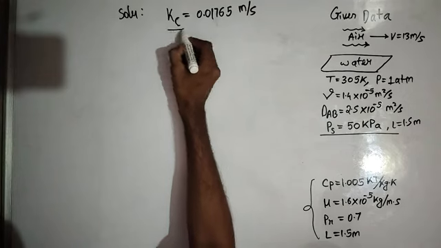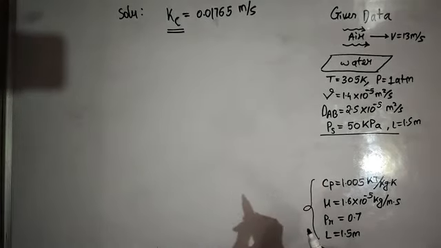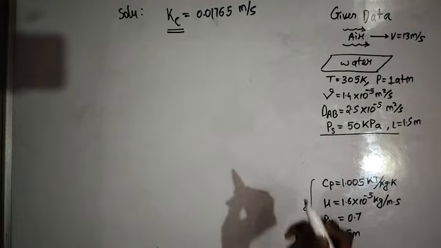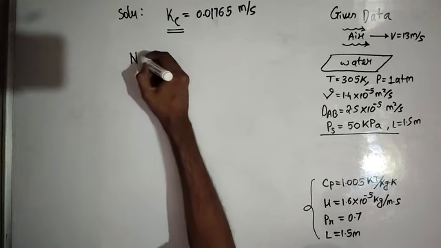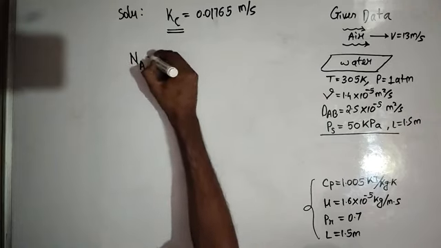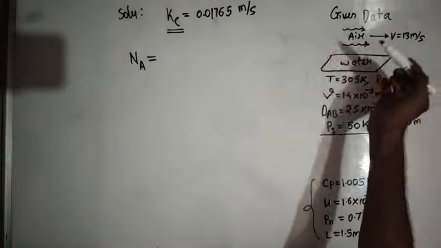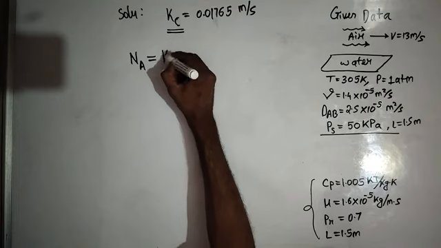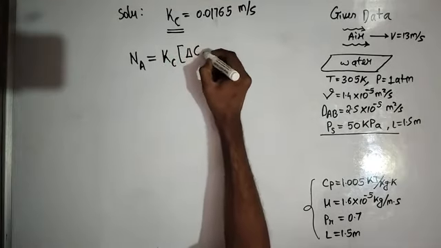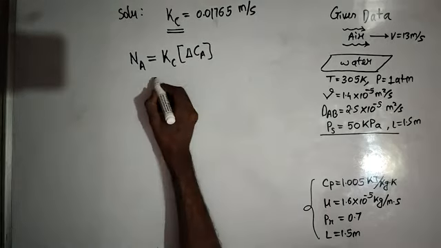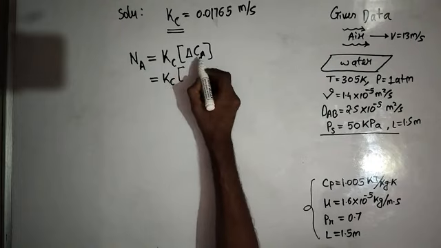Now that we have calculated the mass transfer coefficient, we have to calculate the total water loss per hour per meter width of the plate. To do that, we will calculate the molar rate of water moving out of the surface into the air, which is given by NA equals Kc into delta CA.